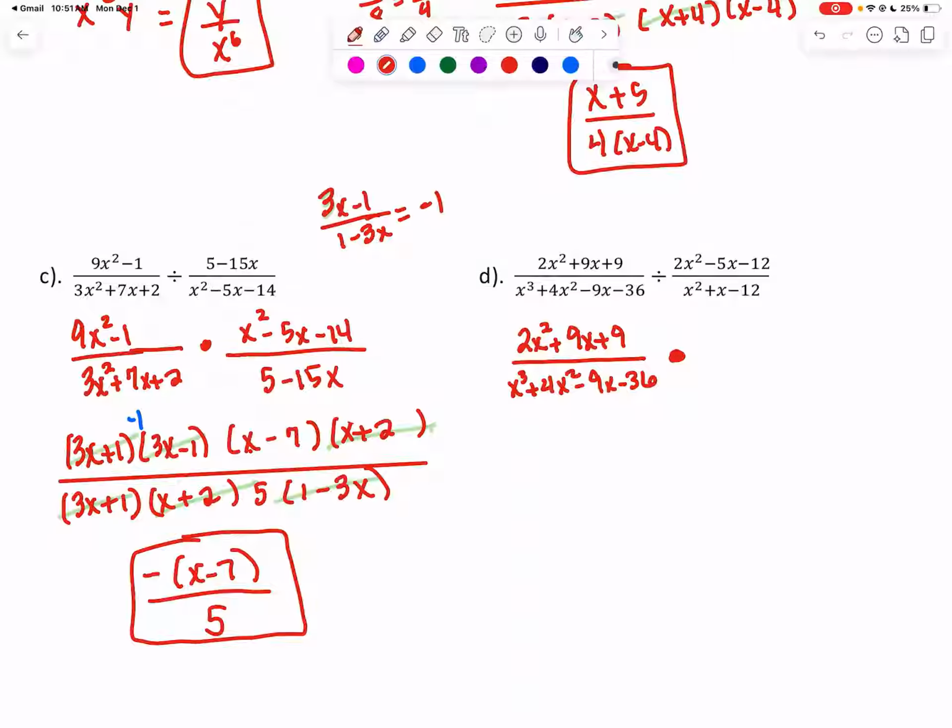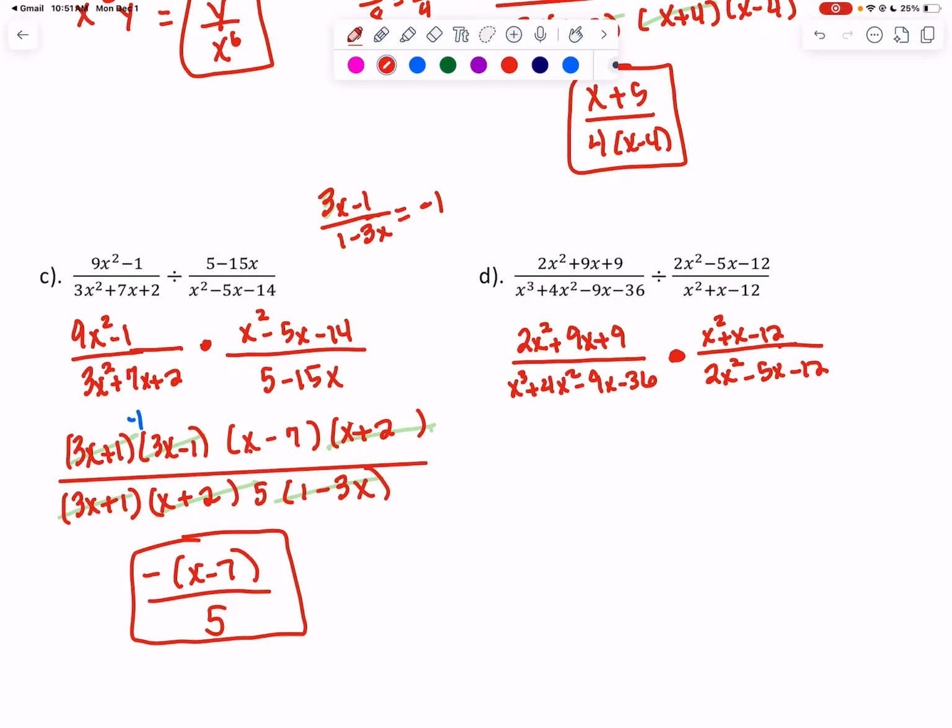Change the divide to a multiply, and then rewrite the second fraction as the reciprocal, which would be x squared plus x minus 12. And on the bottom, 2x squared minus 5x minus 12.